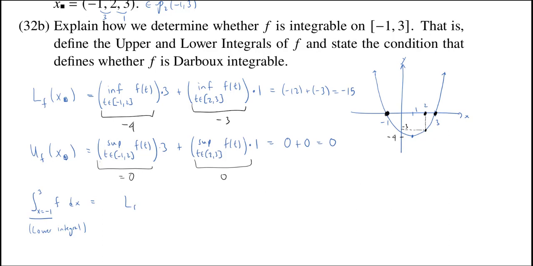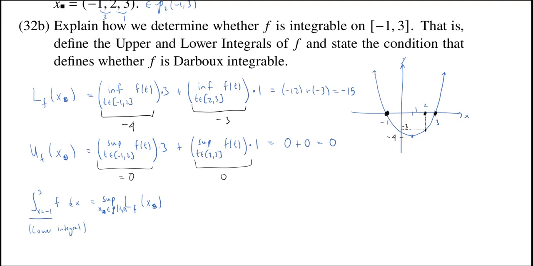So I take L(f, P), and then I want to take the largest of all of them, or actually even a supremum of all of them. So I take the supremum over all partitions of -1, 3.